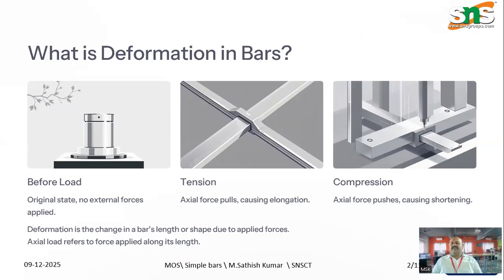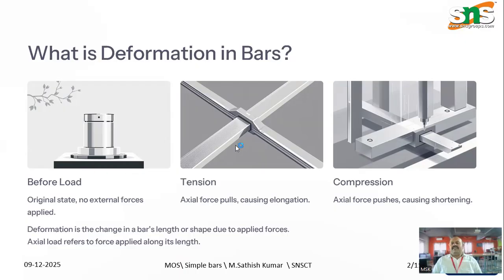Deformation is nothing but, whenever we apply an external load, we start seeing a change of state in the particular length or shape. So that is called deformation of bars due to external load. Before the load, in the original state, no external force is applied, it looks like this.